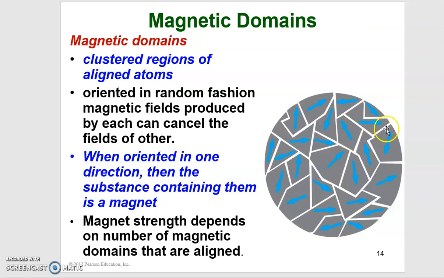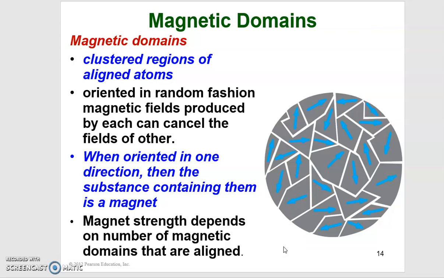But let's say that about 70% of the magnetic fields all point in this direction. Now if you change most of the domains to the same direction, the magnetic field of this material will be stronger. And if you increase it to 90% of the domains pointing in the same direction, they will produce an even stronger magnetic field.